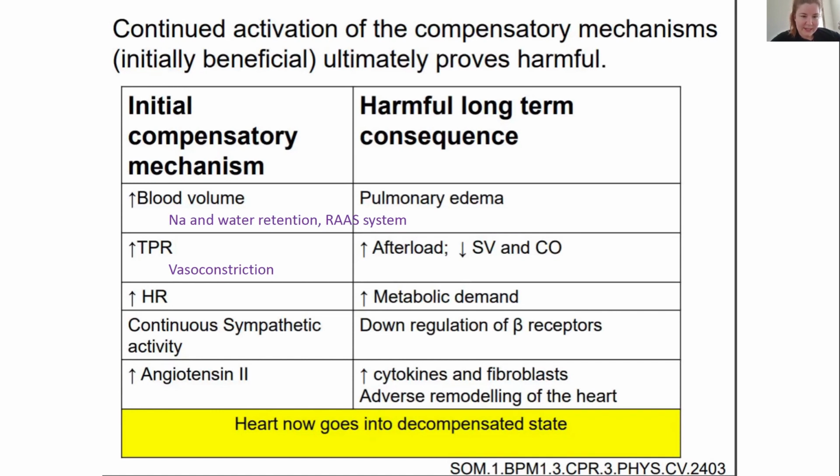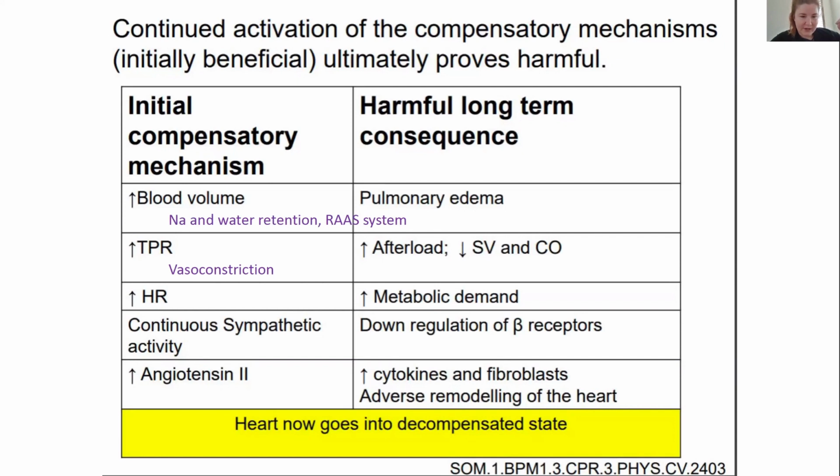And then increasing TPR, you're going to increase the afterload, because if you're increasing the resistance, it's going to increase the trouble to get the blood out. So if you increase afterload, of course, it's going to decrease stroke volume and cardiac output. Heart rate, metabolic demand, this is the oxygen demand.